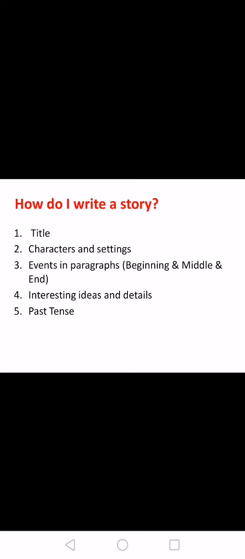And we have paragraphs. We should have a beginning, middle and end. And also we should have interesting ideas and details. And of course, I'm saying something in the past, so I will write in the past tense.